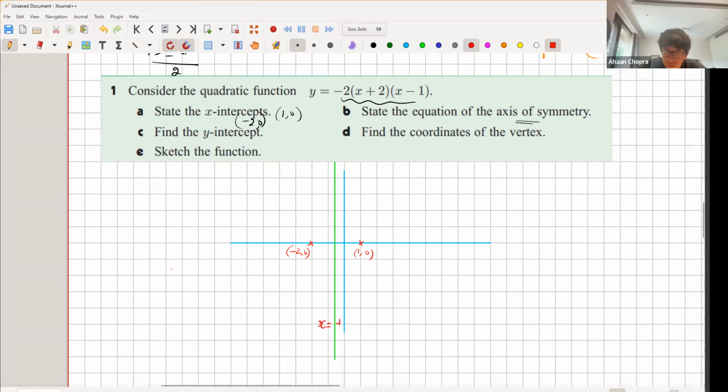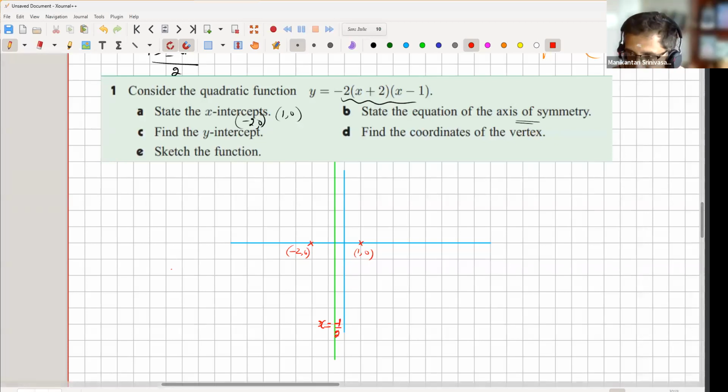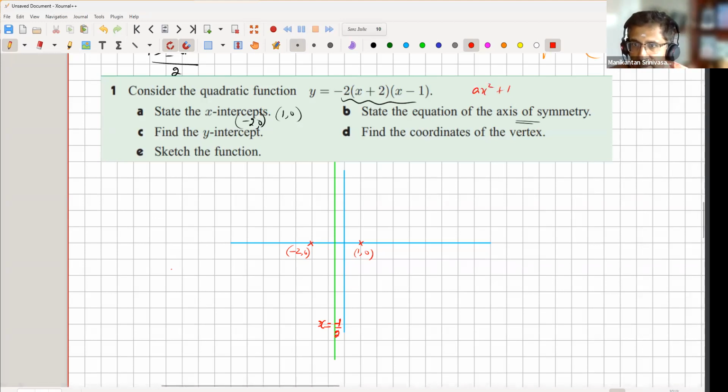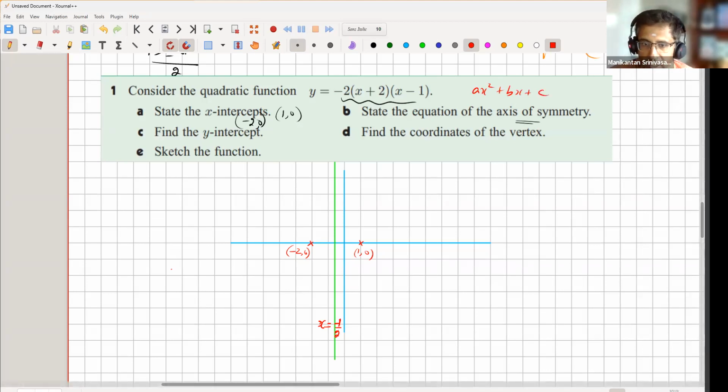X equal to -half. X equal to -b by 2a, exactly, yes. If it was in the form ax square plus bx plus c, then it'll be -b by 2a. In this case, I'm just doing an average of -2 and 1. It's -half. Therefore, the vertical line, which is the axis of symmetry, is x equal to -half.